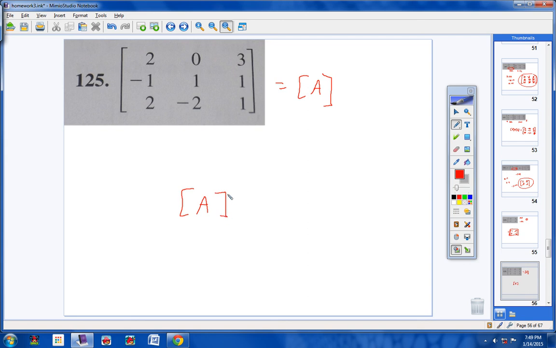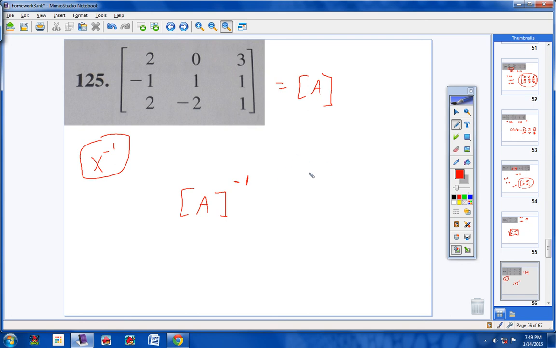Then look at the fourth button on the left side going down. It should be the X to the negative 1 button like this. If you hit that, that'll put a negative 1 right here. Then hit enter, and you should get this for your answer.